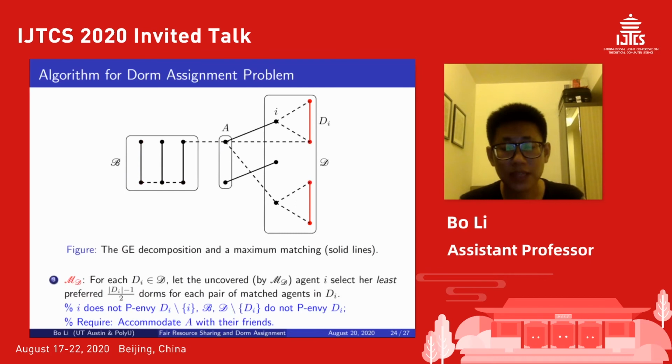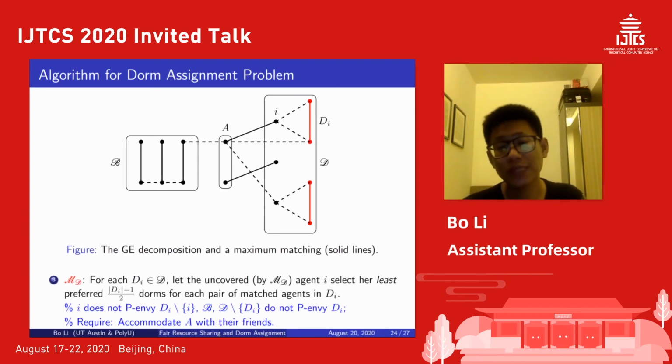Next, we deal with the agents in the odd components. We know that there is no perfect matching. For each odd component, let's suppose the studied component is D_i. There is a nearly perfect matching. It covers all but one agent in D_i. So let's assume i is the agent that is not covered by this matching.